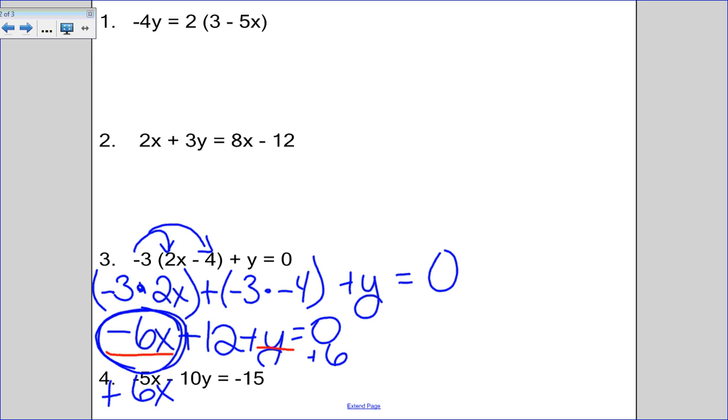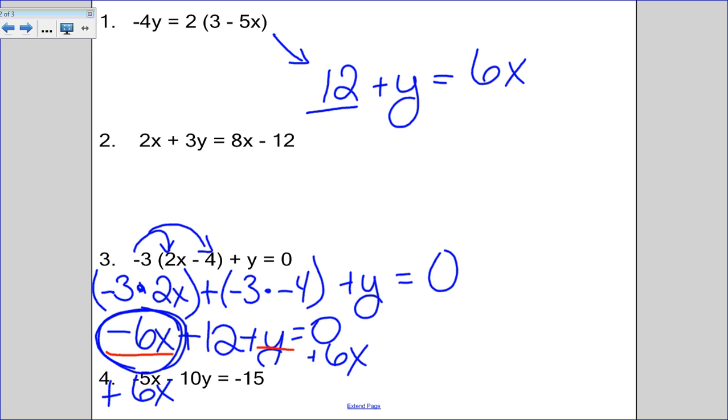All right? I'm going to write it up here, what we have in just a second. Now we're left with 12 plus y equals, when we add 0 plus 6x equals 6x, right? We don't need the 0 there anymore because it stands for nothing, right? All right, so is y alone on one side of the equation? Not quite, right?